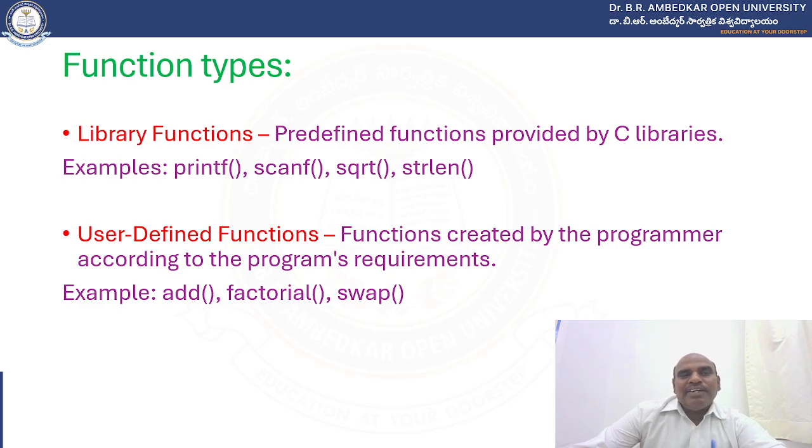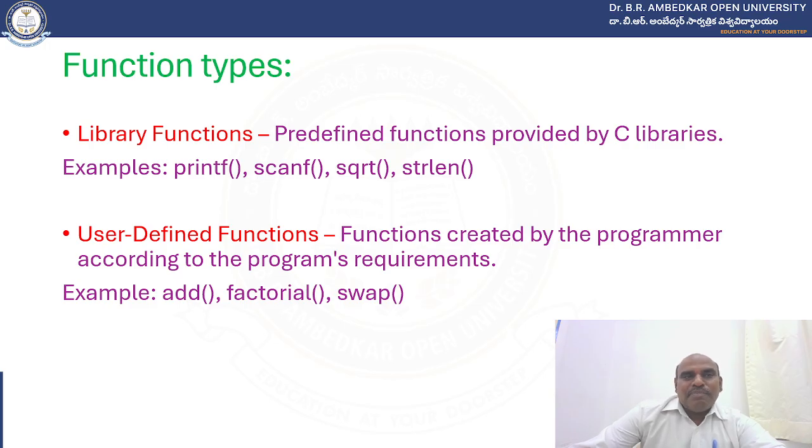As per our requirement, we can create functions. That's why it is user defined. As per requirement, we can define. For example, I mentioned here 3 types of user defined functions. One is add, addition of 2 numbers, like factorial of a given number. If we want to find that, we can use this function.